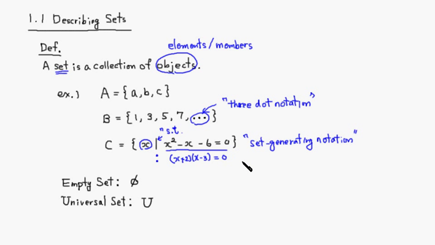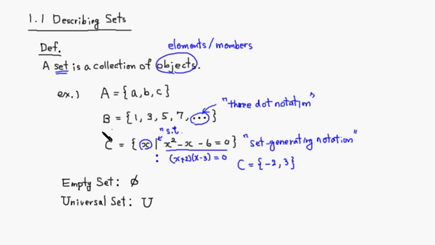Therefore, set C is exactly the same thing as the set containing -2 and 3. But this is another way to describe a set. You have x, then you give a condition right after the vertical line or, I mean, after a colon.